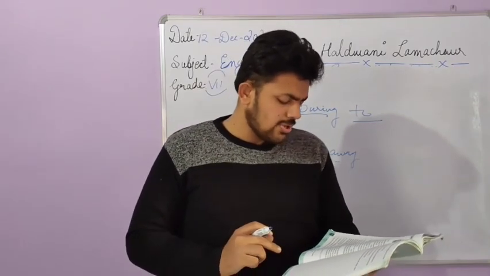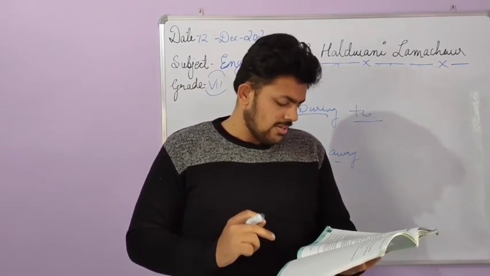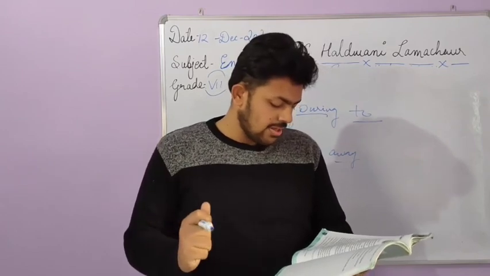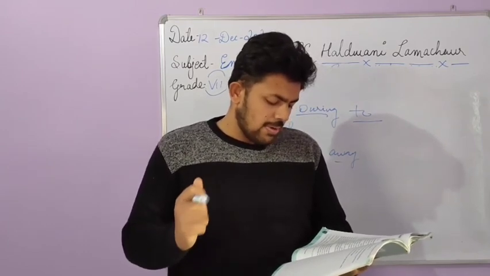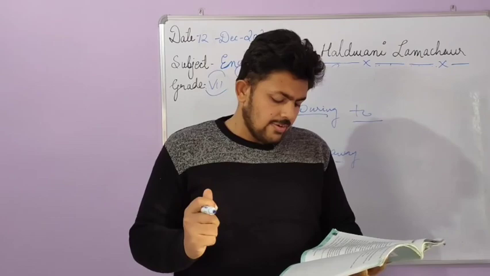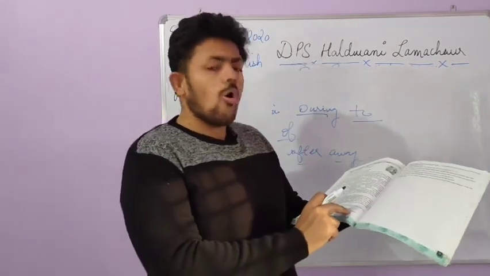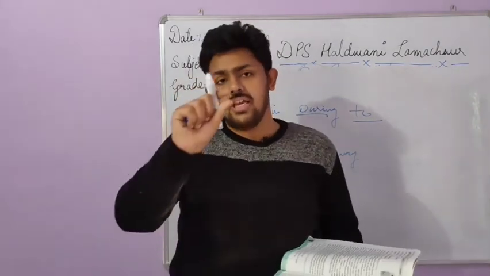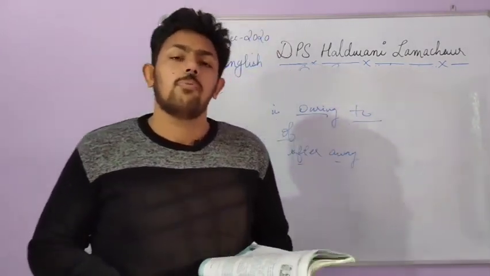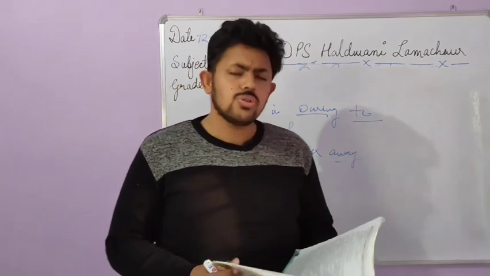The park is surrounded by many trees. Is surrounded by trees with leafy branches. Gives plenty of shade. Plenty of shade. So wherever these words are coming, they are part of the prepositional phrase. So this is very easy.